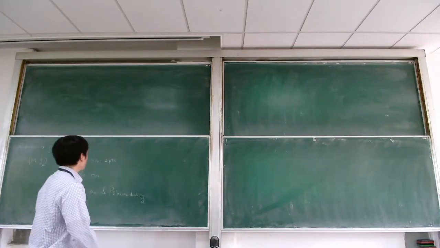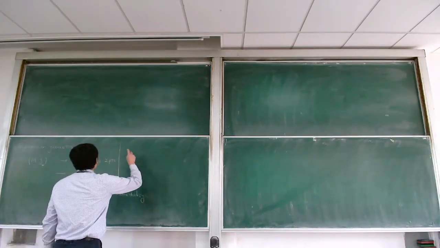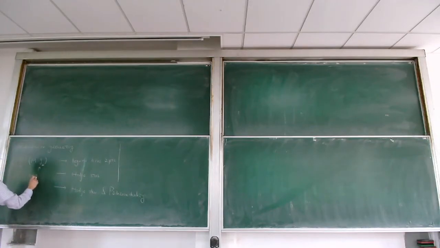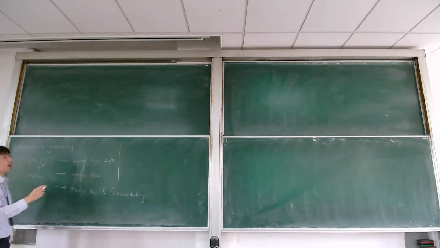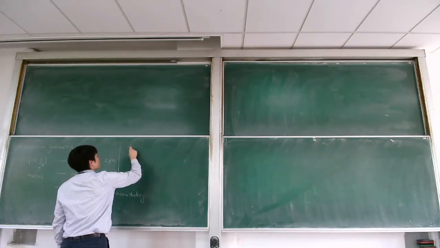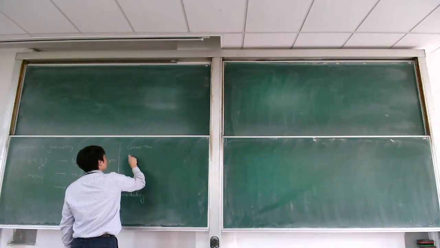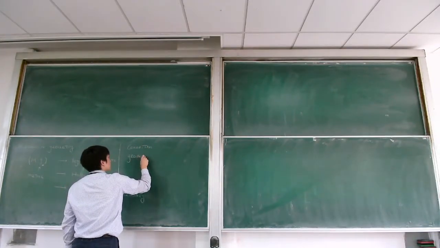So that's what we are going to learn today. To construct Riemannian geometry, we need to introduce the notion of metric, and from here today we introduce the so-called connection, and also geodesics, and also curvature.